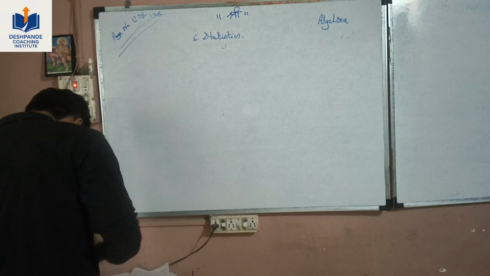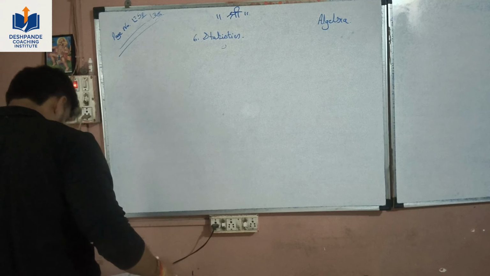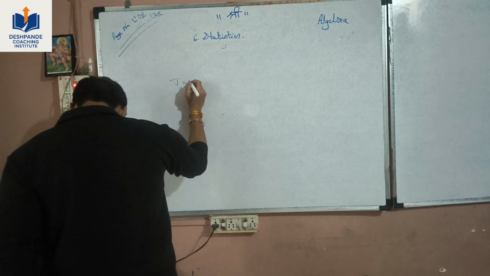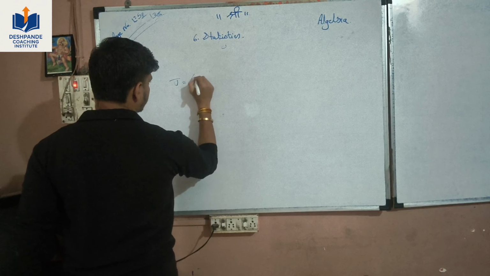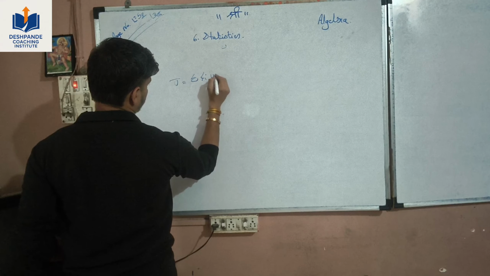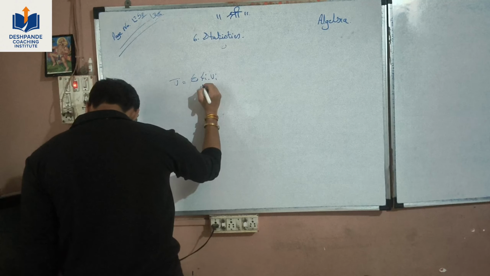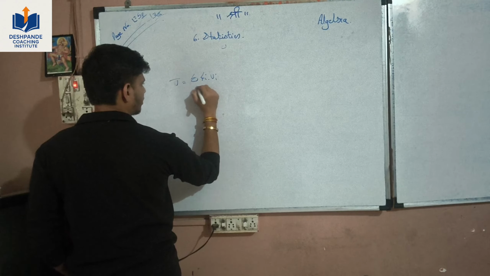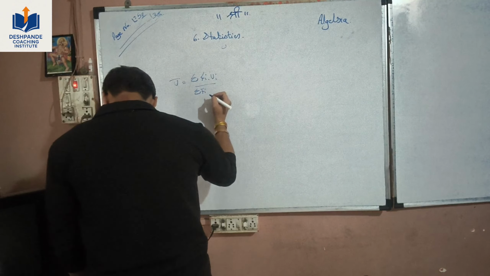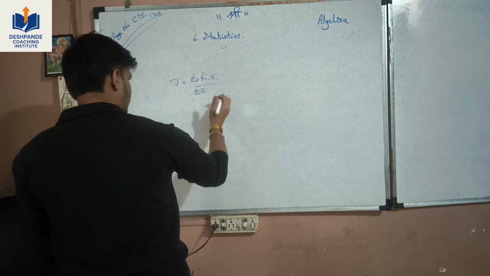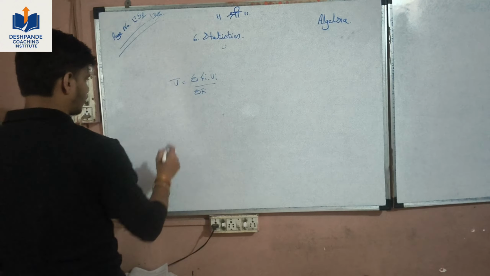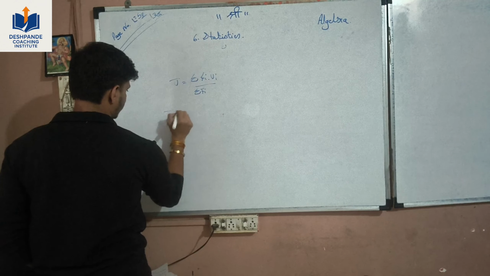The formula is: you have to find the u dash, I mean mu dash. The formula for mu dash is equal to summation of fi dot ui upon summation of fi. Then you have to find the mean. Mean is denoted as x dash.